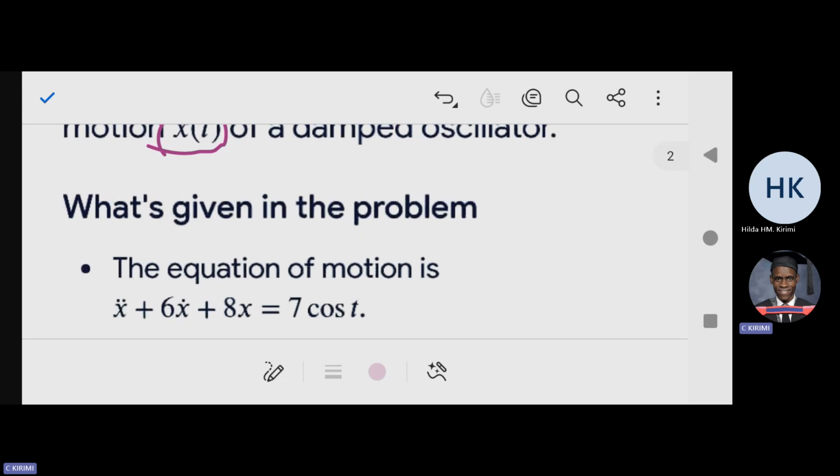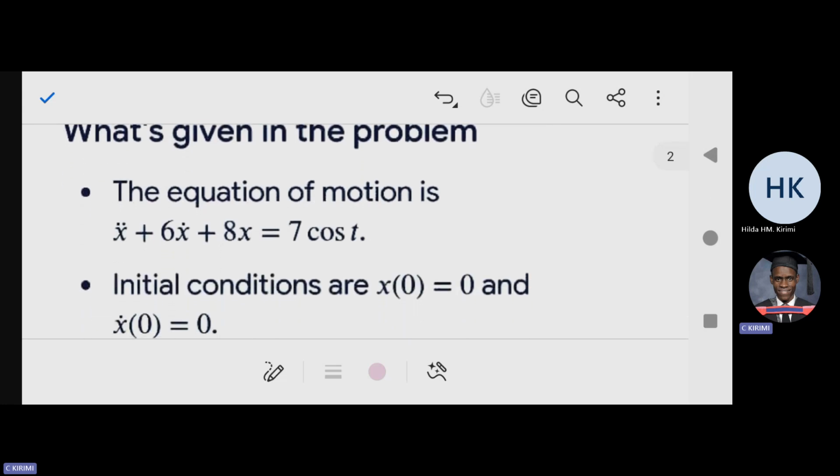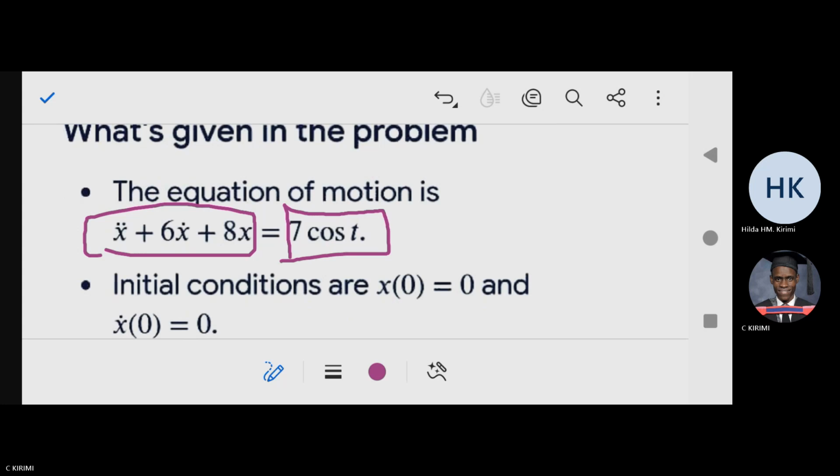What information are we given? What we are given here is the differential equation, which you can split; solve this first part only. This other part you are going to solve when you are looking for the particular solution. Did you do differential equations? Have you done differential equations in maths?